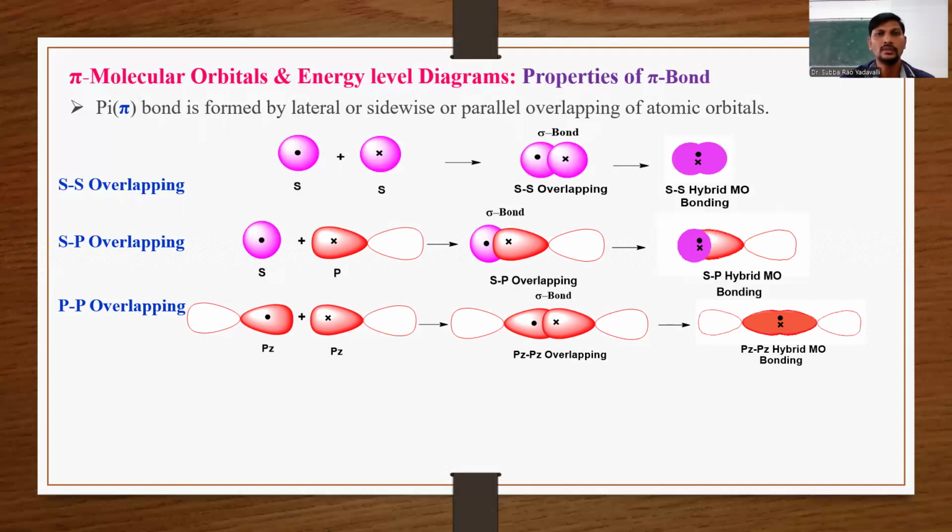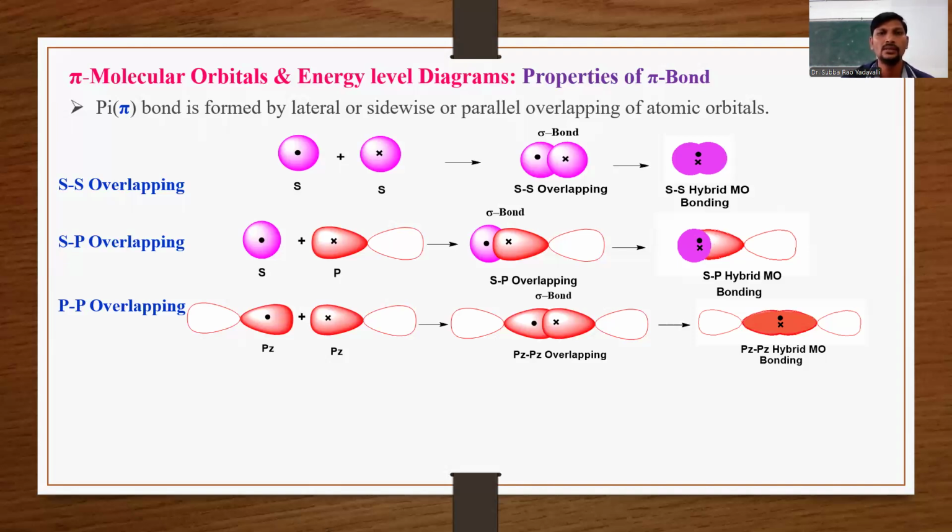That means due to the axial overlapping, the pz orbitals form the sigma bond. After formation of sigma bond, the remaining py and px orbitals are parallel to each other. That means they are not directly overlapped with each other. Hence, they undergo sidewise overlapping. Due to the formation of side overlapping, pi bonds are formed.